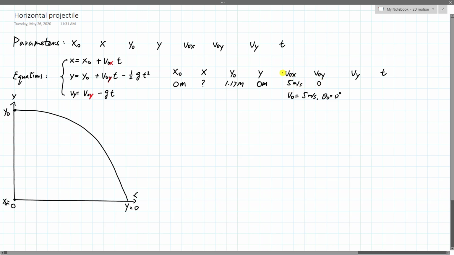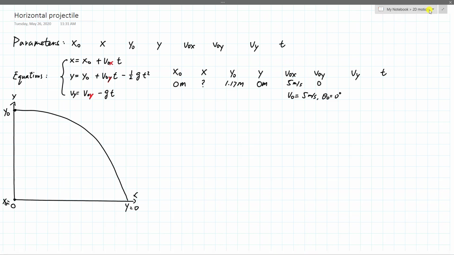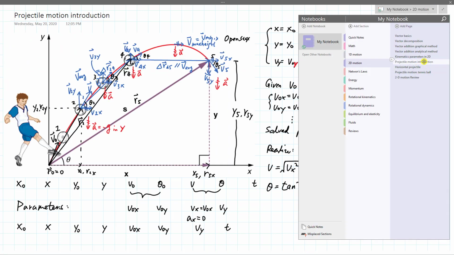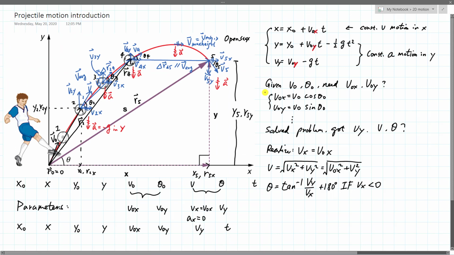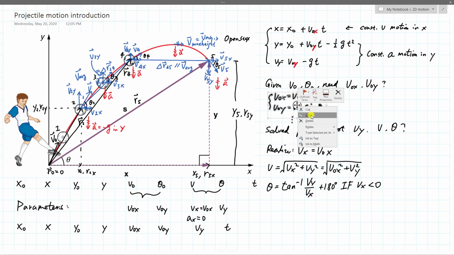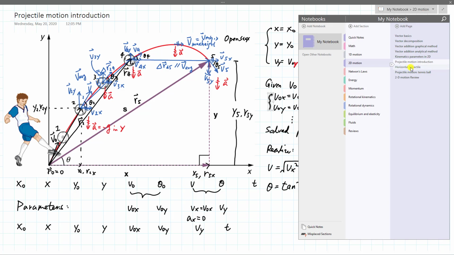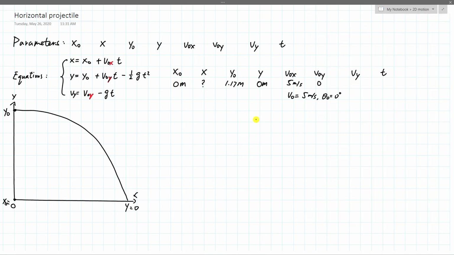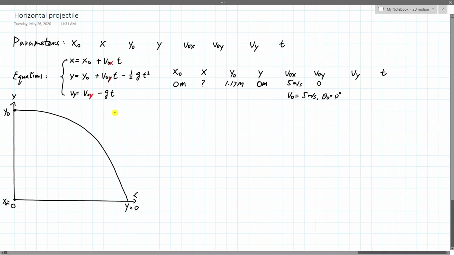So let me borrow something from the previous discussion. So let's paste it. Oh, I think I borrowed a little extra.